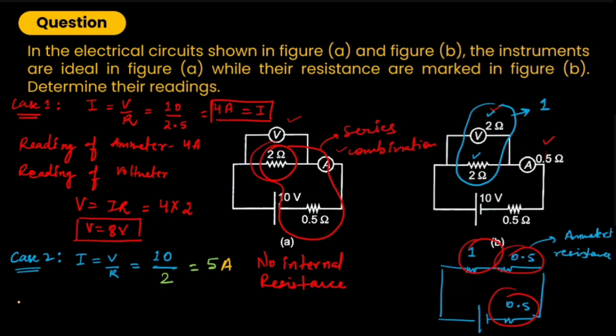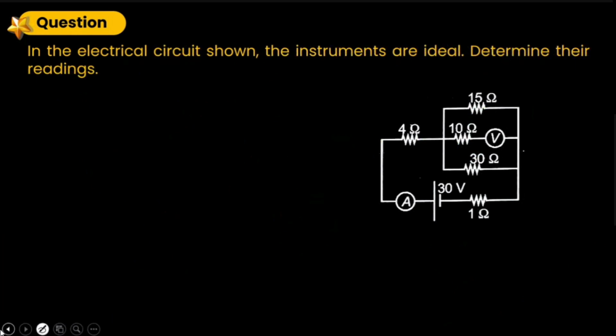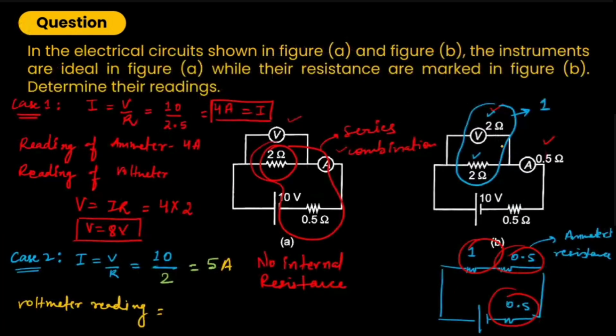Similarly, if you consider the voltmeter reading, how can we find it? This voltmeter is connected across the 2 ohms in parallel combination. So what we can do is multiply the value of current with the net resistance of these two.